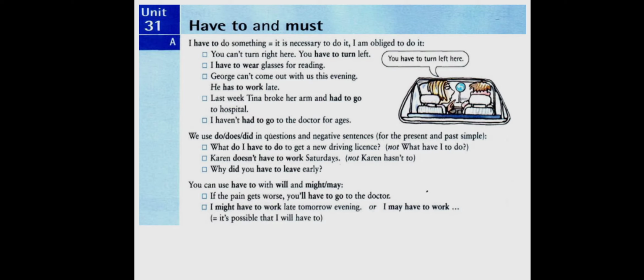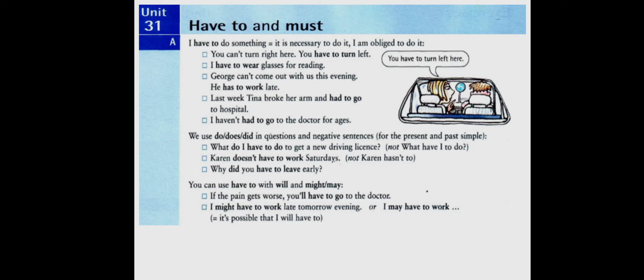Here we speak about have to form a question. With have to, we use do. So what do I have to do to get a new driving license? Here we use do to form the question, because have to is considered as a main verb, so we need to form a question by adding do, since the subject is considered here plural.